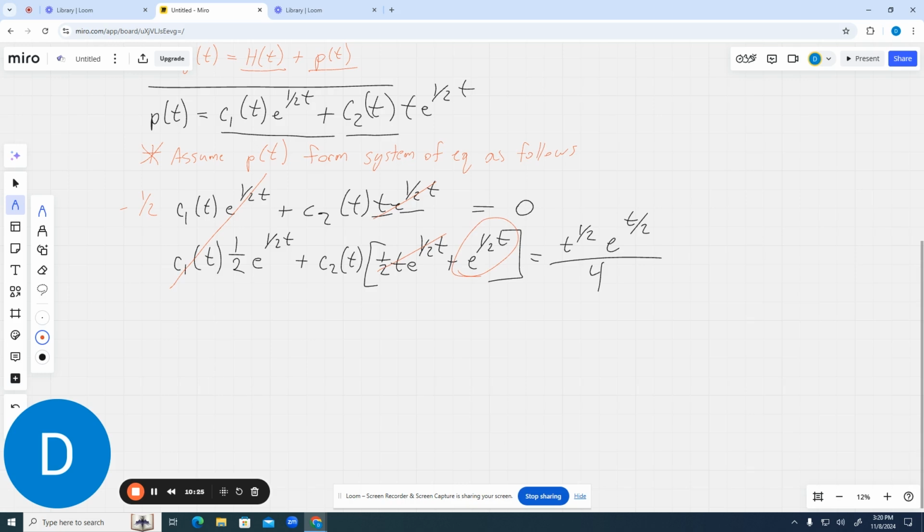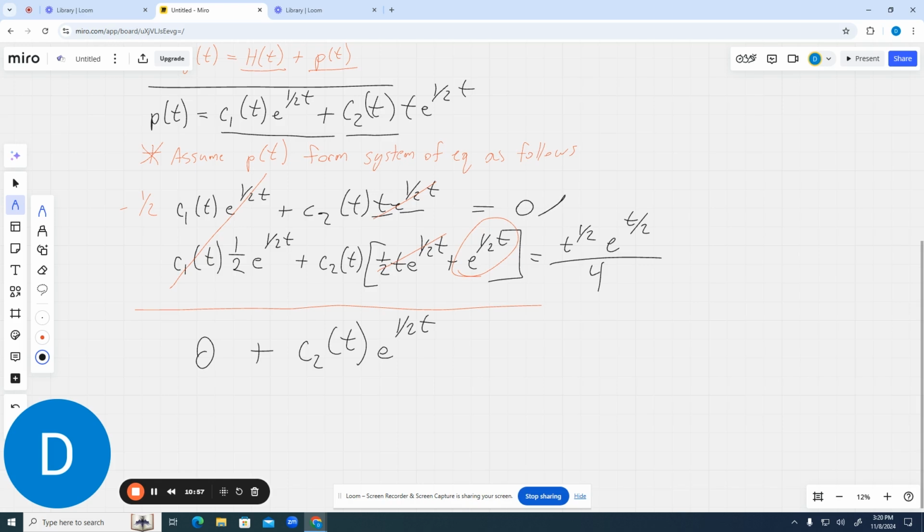And so you can rewrite this when you add as 0 plus C2 of t, and these cancel out, and so you have plus 1 e to the 1/2 t. And then you're going to add the 0 when you multiply that negative 1/2 to this over here.